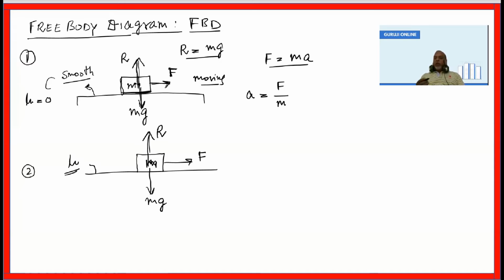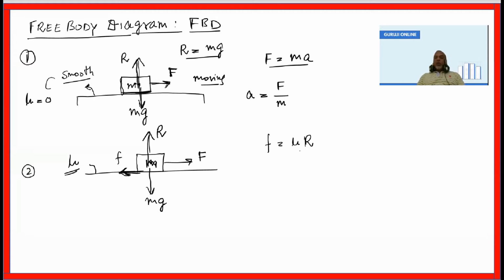Then what will be, first of all, the frictional force? Suppose the frictional force is f, and this will be nothing but mu R, and this f will be acting against the motion, because friction will always oppose the motion.